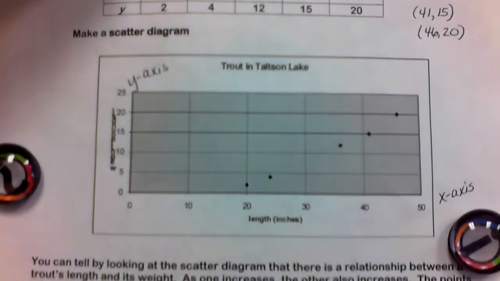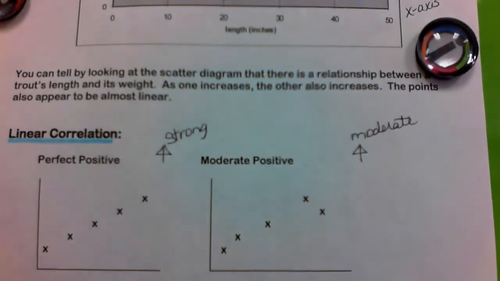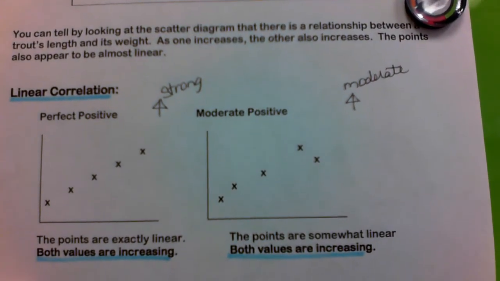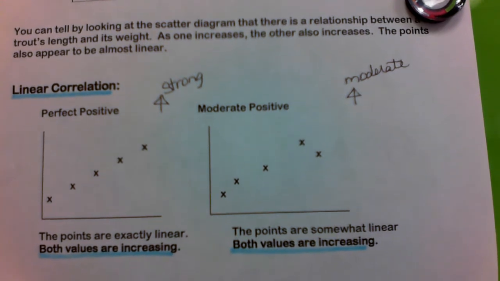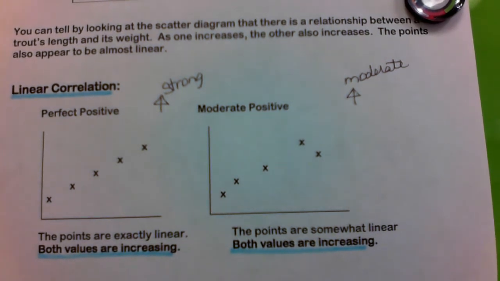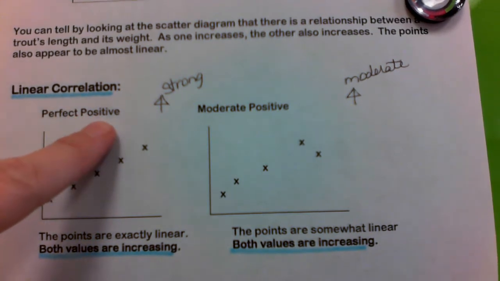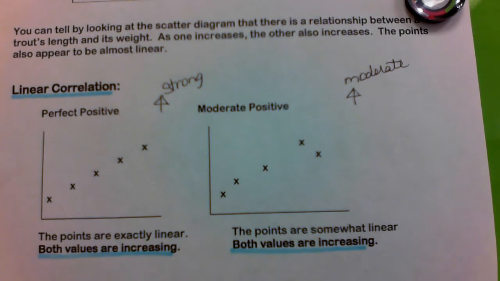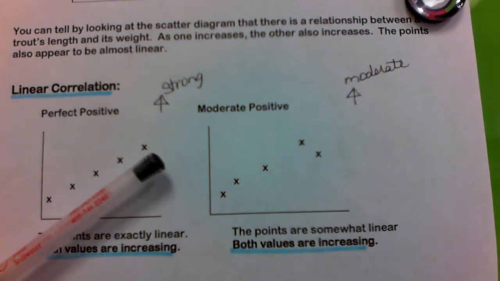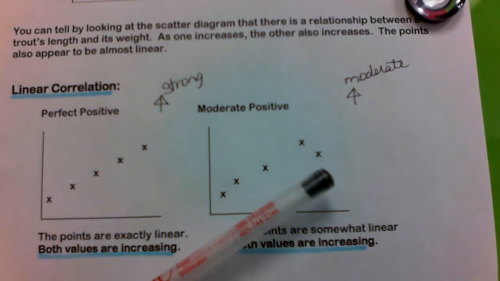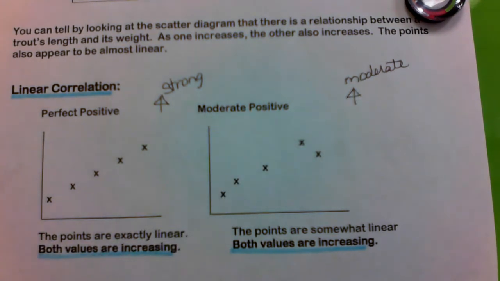Now, one way to see if 2 variables have linear correlation is to create a scatter diagram, which we just looked at. And here are the different types of linear correlation that you can get. You can get a positive correlation, and when it is positive, that means your line would go upward. If you'll notice in both of these examples, the line would go upward, so it's said to have a positive correlation.